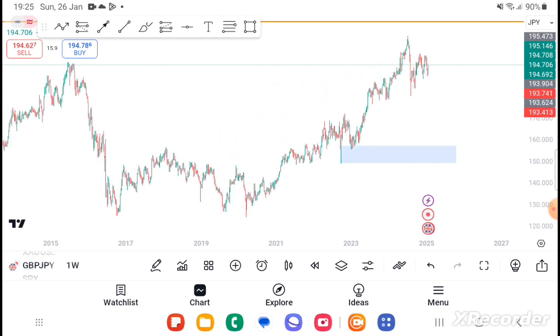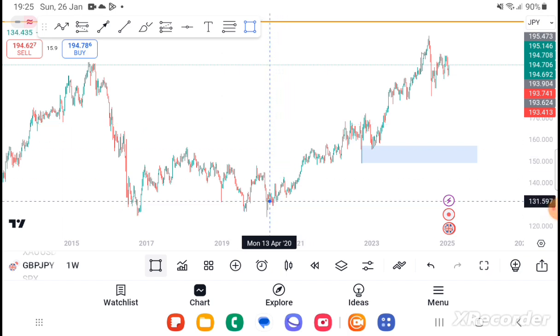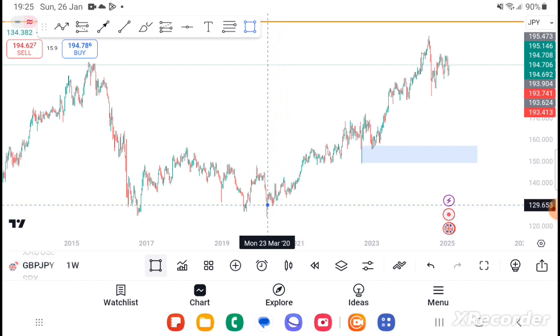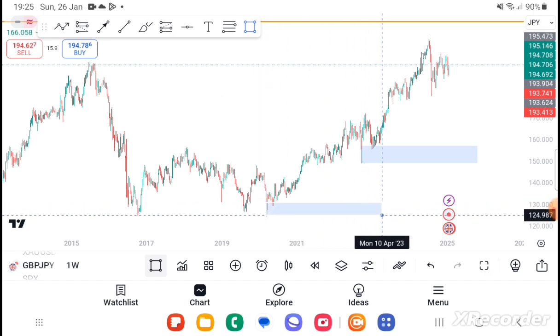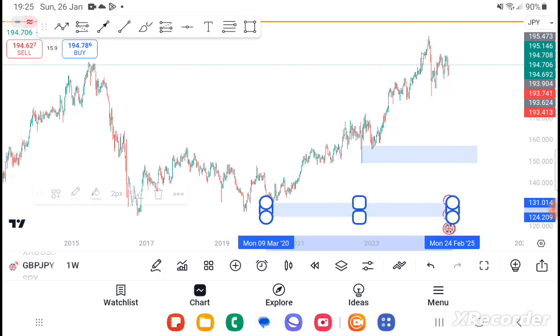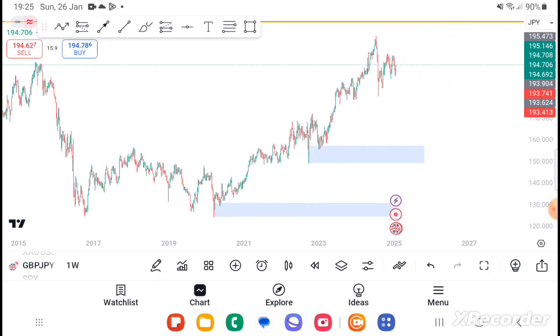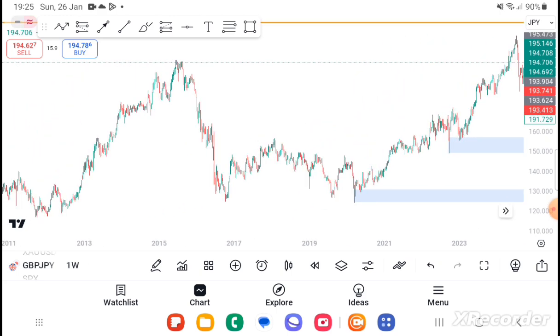There is another one too somewhere here. So you can see price has broken structure at the top here.